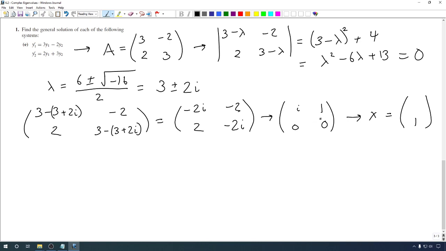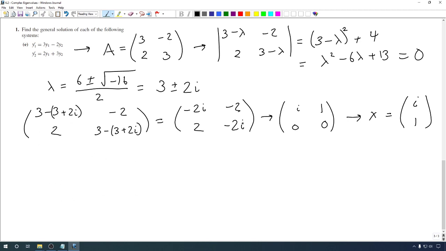I don't know why I didn't do that. But we have i times our first number plus 1 times our second number equals 0. That's the idea. And if we pick 1 for there, well, what does that leave? That leaves i for that one. Because you can think of it this way as i times i is -1 plus 1 times 1 gives us 0.